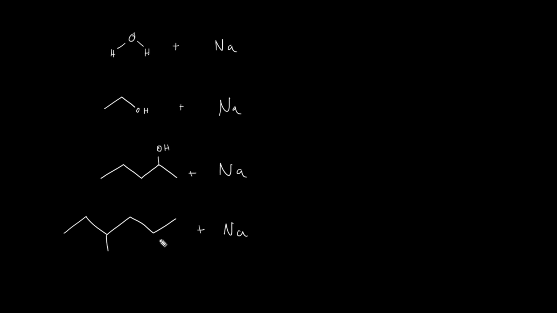We'll put an alkyl chain there and an OH here. So the reaction between sodium and 4-methyl-2-hexanol. If we look at these 4 reactions, the longer the carbon chain, the more carbons are attached to the alcohol, to the hydroxyl group, the slower the reaction becomes.